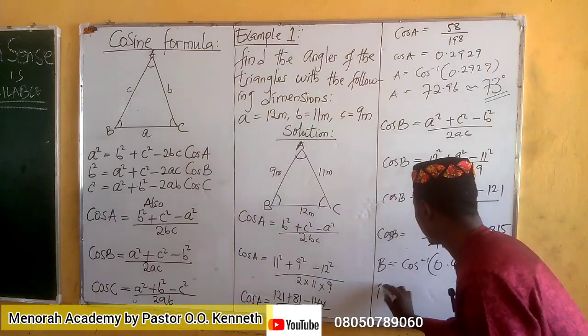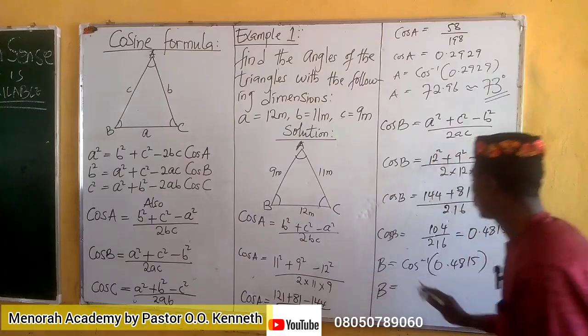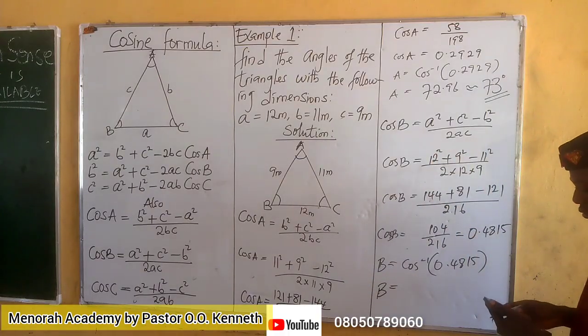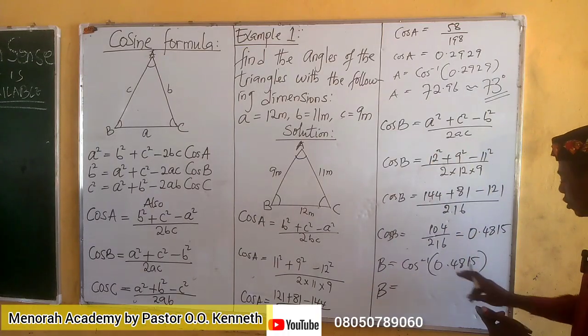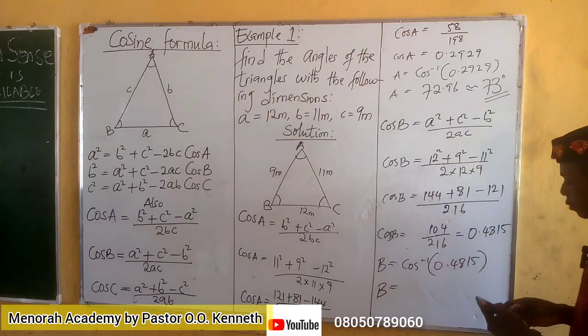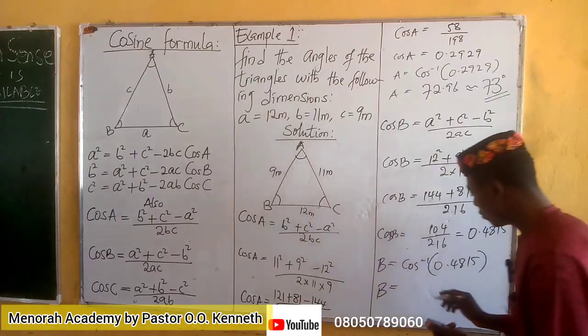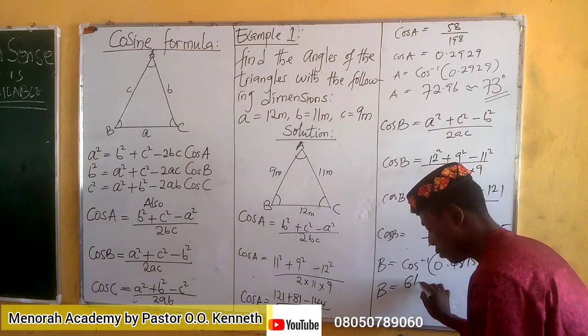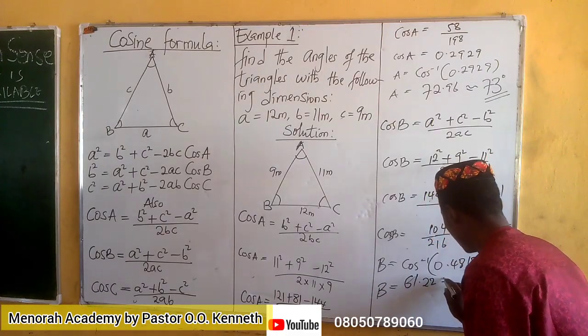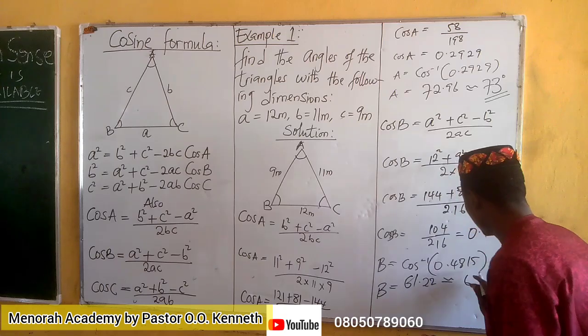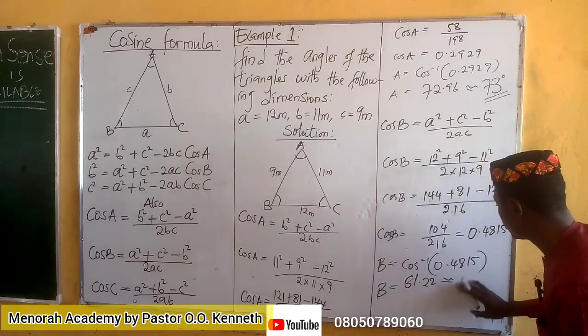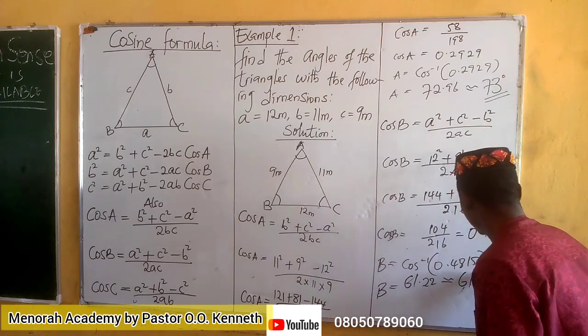If you take the cos inverse, press cos, then type in this number. 0.4815 is going to give me 61.22. So approximately it's going to give me, now I'm going to leave it 61 degrees.